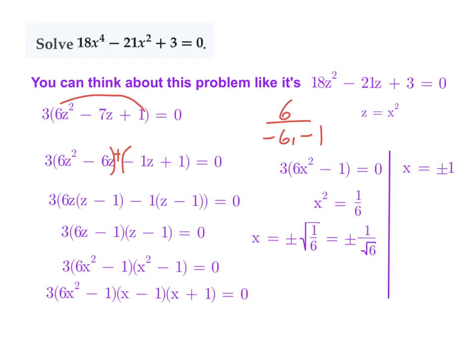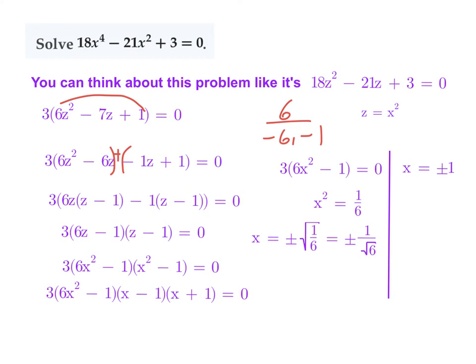Okay, let's understand what we really have. The square root of 1/6, that's the square root of 1, which is just 1. And then the bottom I have the square root of 6. Think back to what you know about radicals. Can't have radicals in the bottom. No radicals in denominators. So how am I going to get rid of that radical in the denominator?